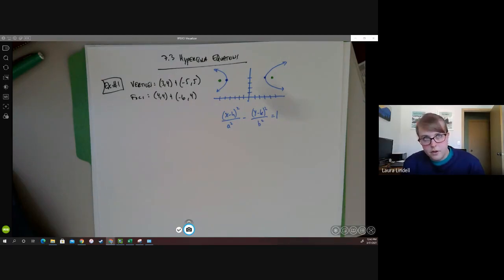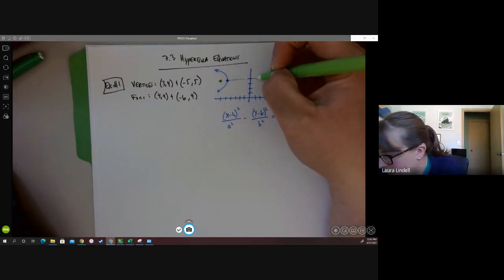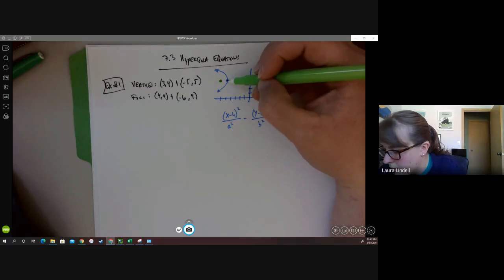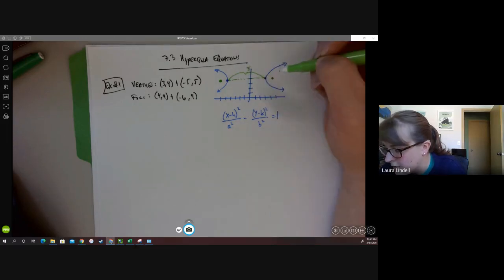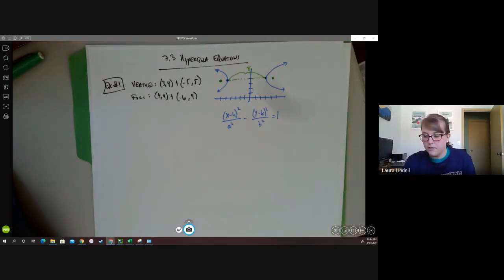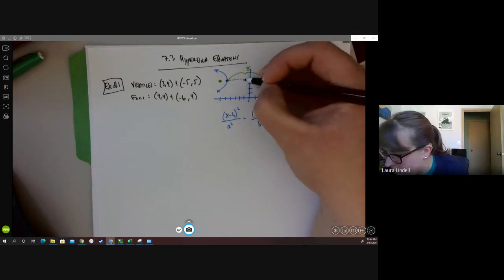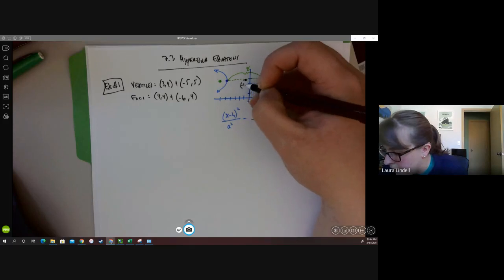We also know that the center is halfway between the vertices. So if these are my vertices, we're going from negative 5 over to 3. So that axis length is 8. And halfway in between those would be my center, which would be 4 units over from either of them. So my center is going to be at negative 1, 4.